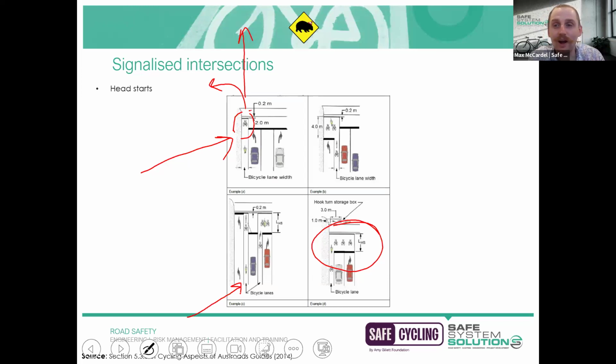Instead, to get riders into the right lane, you just keep them in this lane all the way to the intersection and then extend it over to the right lane, which is what's shown in example D. Or you'd provide hook turn facilities so they don't have to worry about getting to the right turn at all. So just wanted to say example C, not that common, not really a big fan of it.